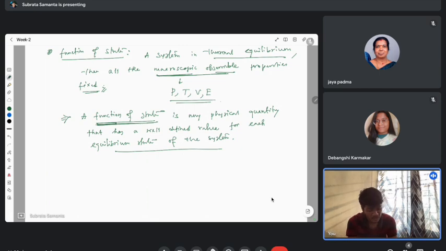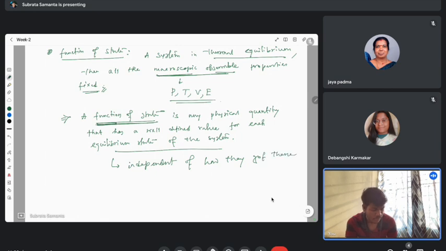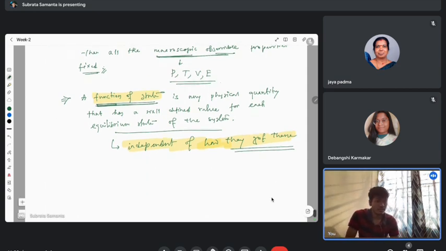It is independent of how they got there. Any question?